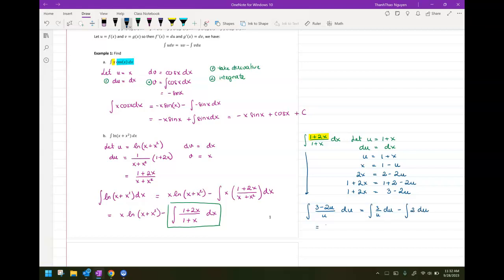This equals 3 ln of u minus 2u. Recall that u equals 1 plus x. So this equals 3 ln of 1 plus x minus 2 times 1 plus x.